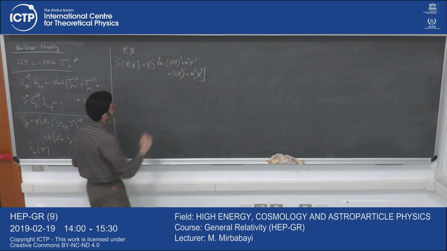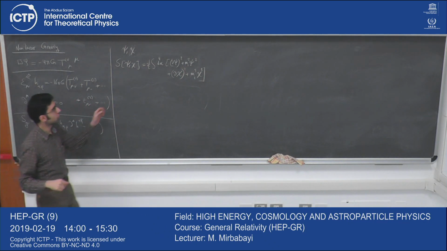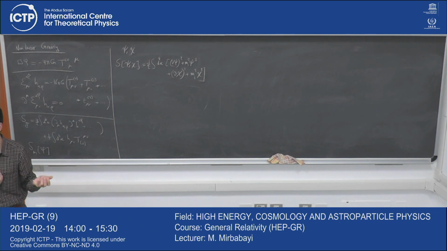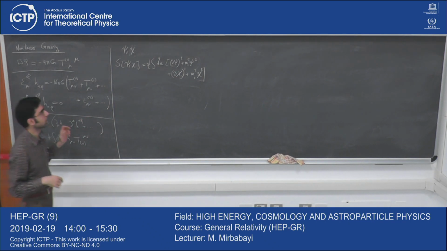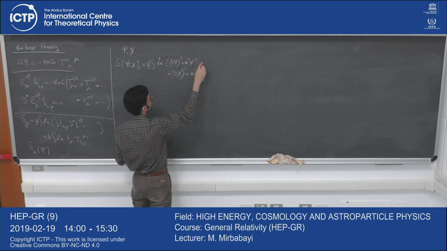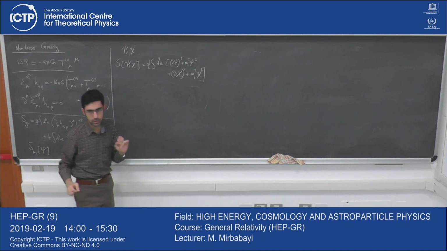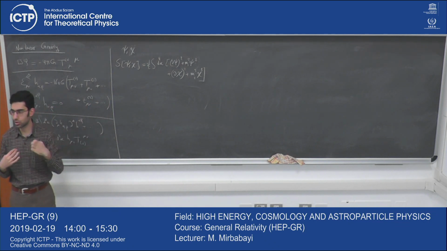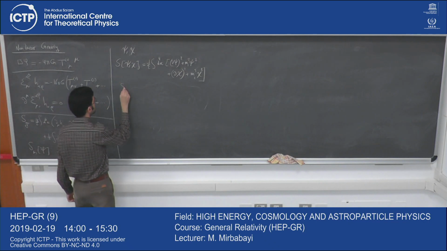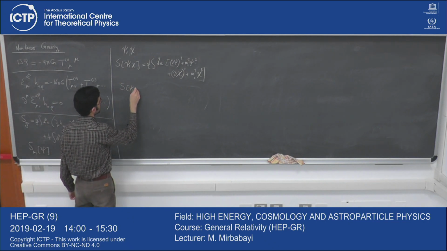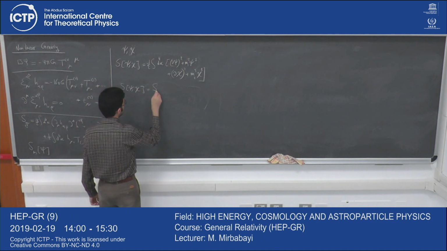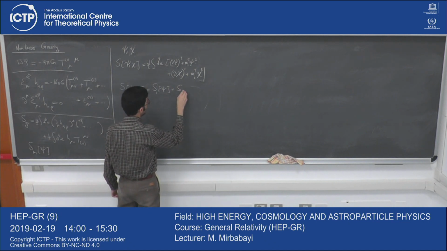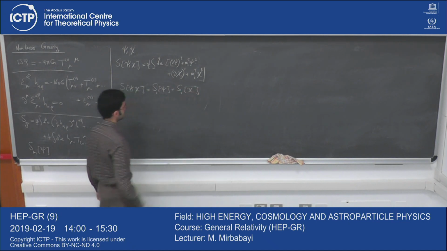So if I have a theory like that, we have these two fields, psi and chi, which are decoupled from each other. There is no interaction between psi and chi. I could even imagine adding interactions for the psi field itself, but suppose the psi field and chi field are decoupled. So this action can be written as some action for psi plus another action for chi.